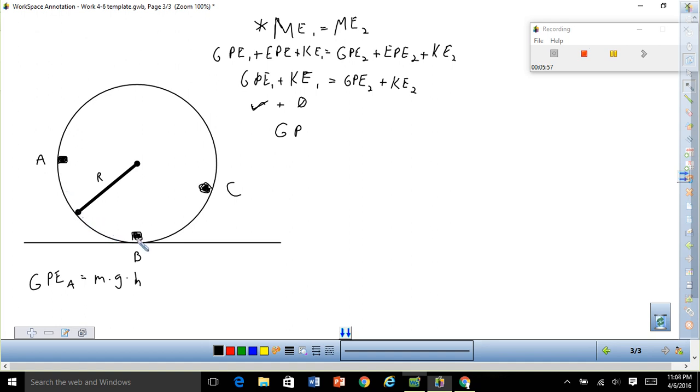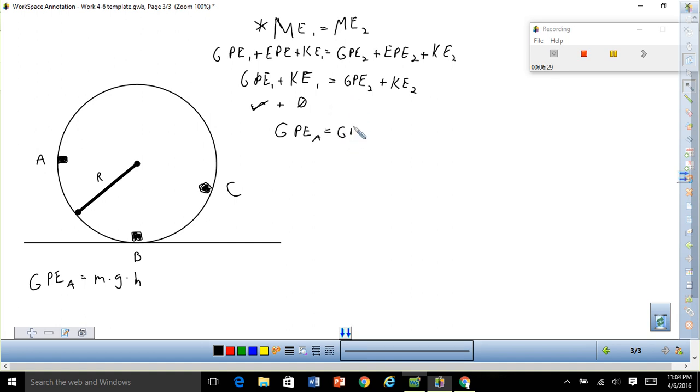Well, then by the time it reaches the bottom of the track, it's at height B. And so the height is essentially 0. It is 0 at that point. And so, let's just finish this and look at GPE at point B. So then if we were to say, well, what about point B?